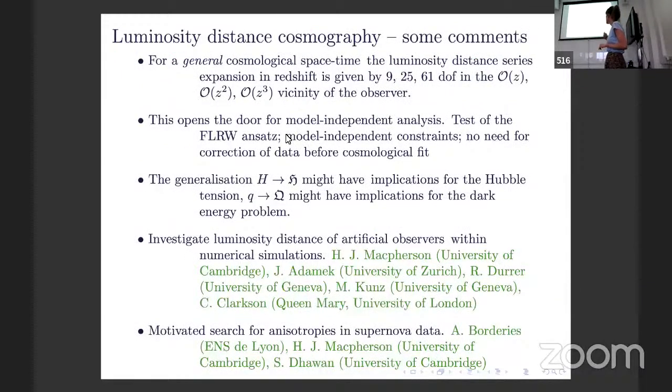Okay, so some comments on these results. For a general cosmological space-time setting, it is possible to write down the luminosity distance cosmography in terms of a finite number of degrees of freedom at a given truncation of the series, and this opens the door, in principle, for fully model-independent analysis of data.